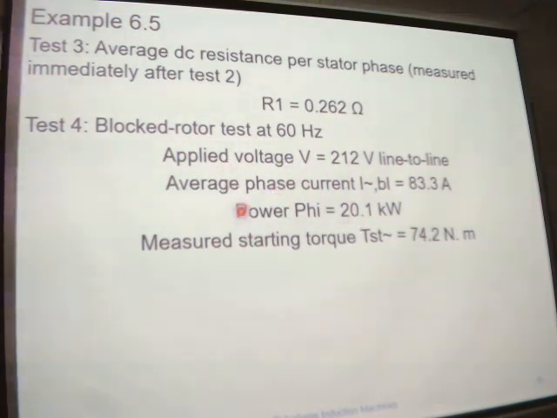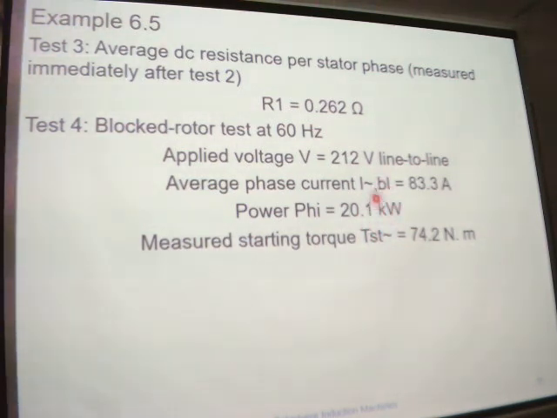So the frequency is different from test 2. It also gives us the voltage, the blocked current, the blocked power, and also the torque. So there may be some mistake on this.